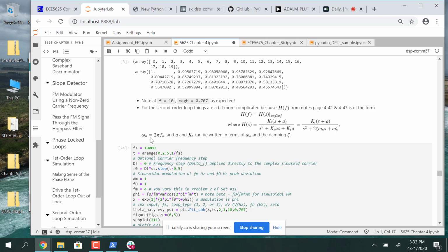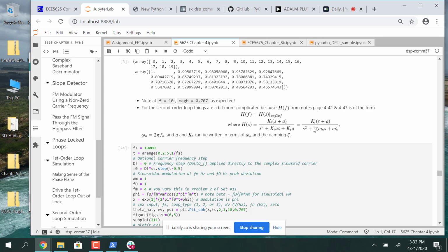You'll again replace omega n by 2 pi fn, still 10 hertz, times 2 pi. A and Kt get written in terms of omega n, which is related to fn and damping. And those equations are in the notes, so if you're wondering where those are at, we'll go look at them.